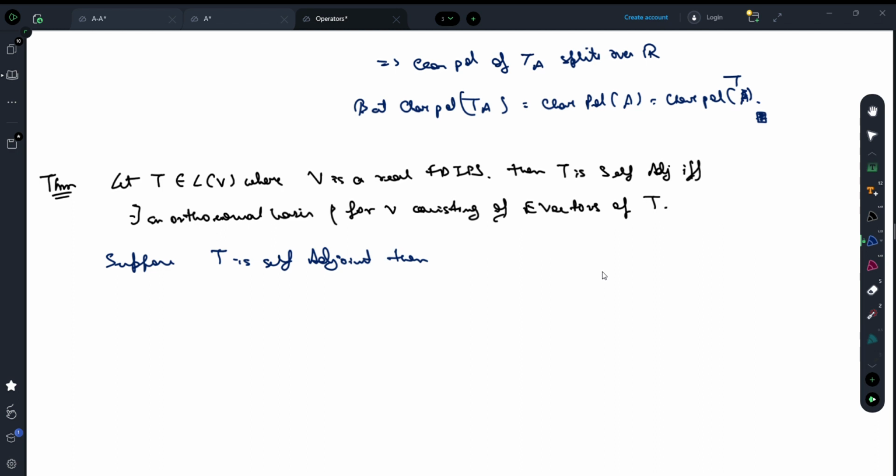So suppose T is self-adjoint, then there exists an orthonormal basis beta for V such that A, which is the matrix of T with respect to beta, is upper triangular, right?